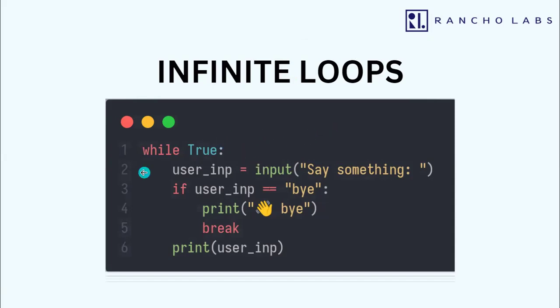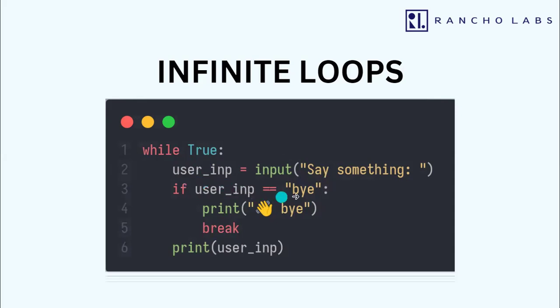We know that in a while loop, if the condition is true, it will keep iterating. So when we give while True, it will iterate any number of times, and whenever it comes to the break, it will stop iterating. In this example, while True gives us an infinite loop. Whenever the break is executed, the loop stops. User input takes some input from the user.